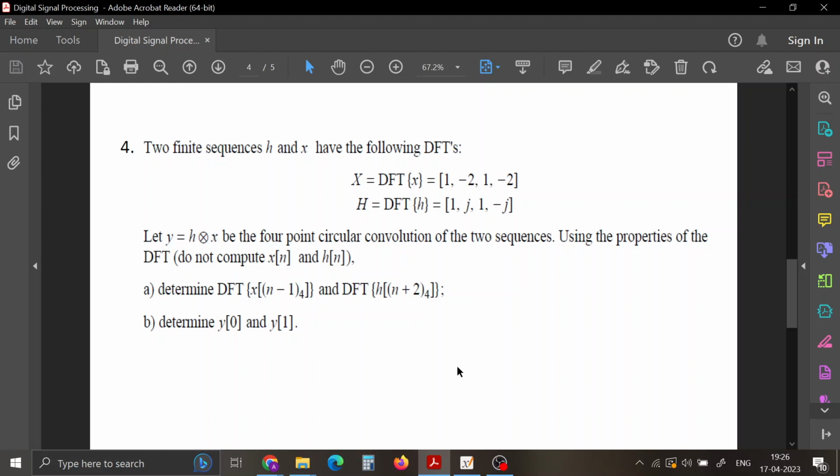And similarly for the DFT of h of n plus 2 mod 4, we have to take the left cyclic shift by 2 samples and then take the DFT. That's it. So let's do that, and then we will come to part B.